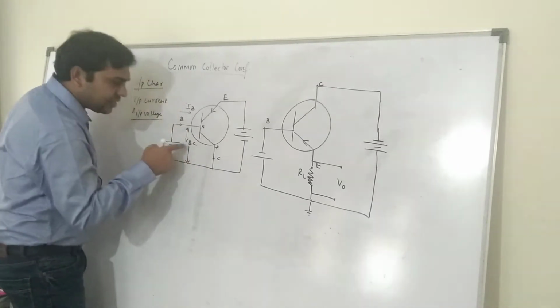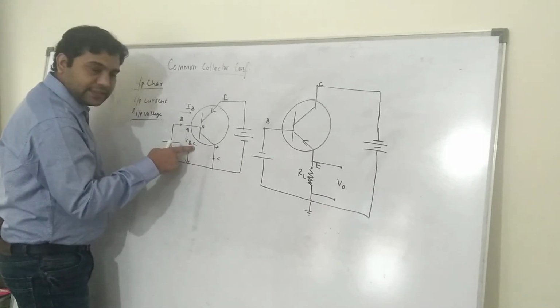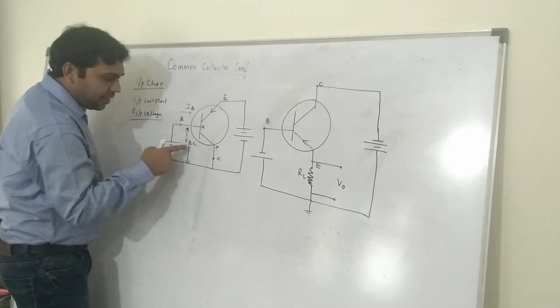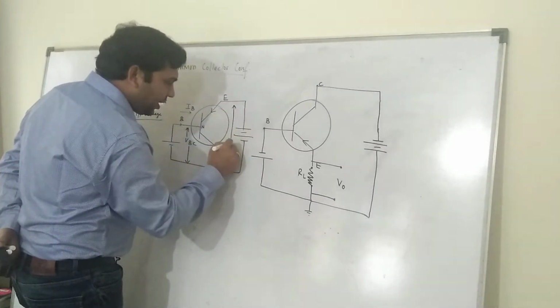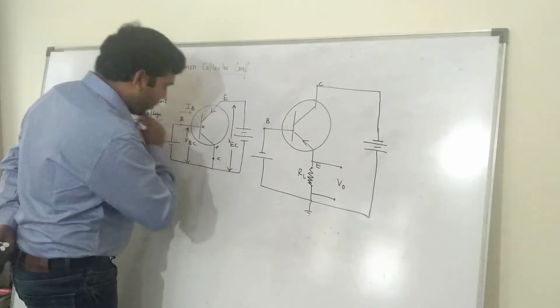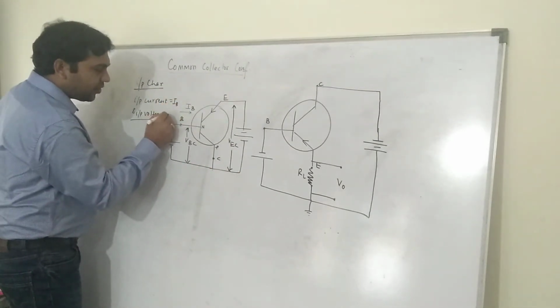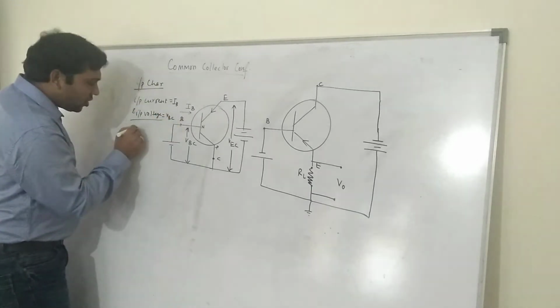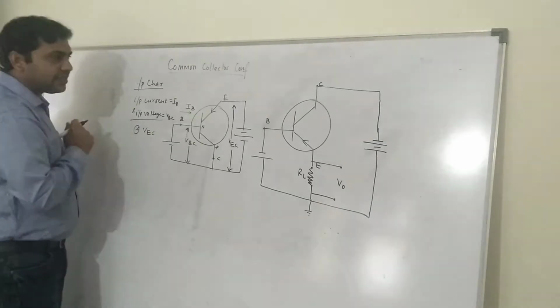Remember, I am always taking the common terminal like this, so instead of VCB, I am taking VBC here, and here I will take VEC. So the input current is IB, the input voltage is VBC, at constant output voltage VEC. This is our input characteristics.